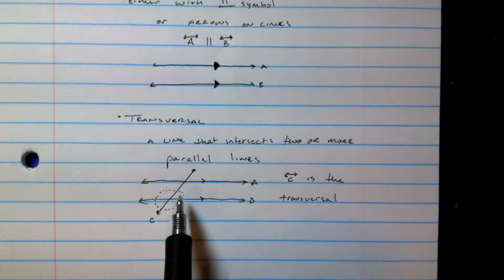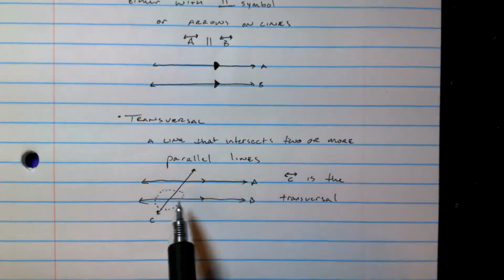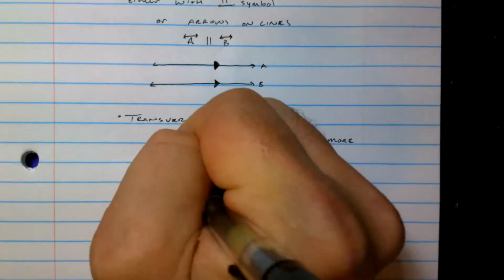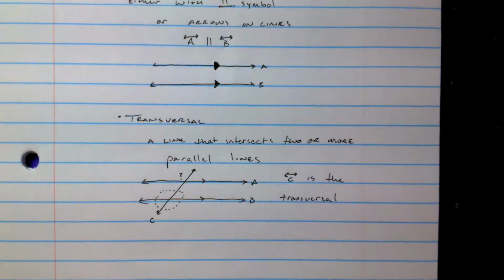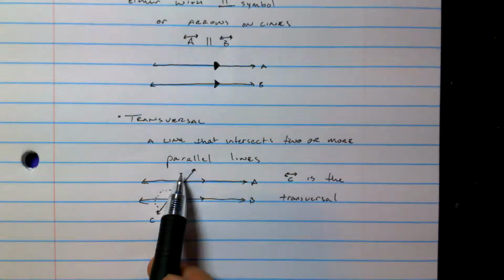So we've got what we've already studied, two intersecting lines here. The problem then becomes, what if they ask you a question about something up here? So information given here, how do we get up here?